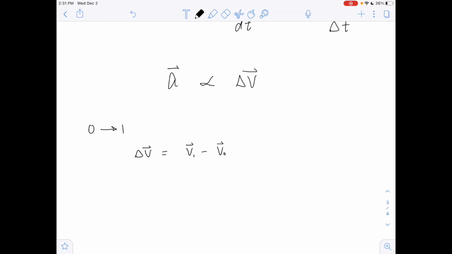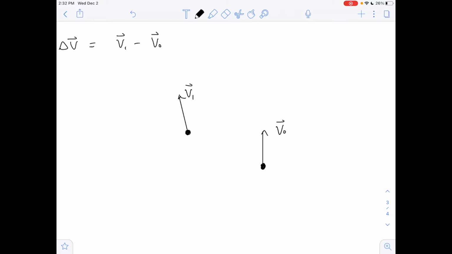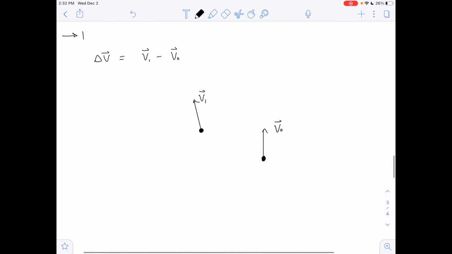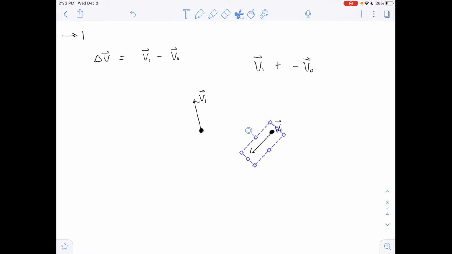And so let's go ahead and get those two vectors and subtract them. So here are the two vectors for velocity, and to subtract them, what we can do is take v1 and add it to the negative of v0. So what we're going to do is flip this vector here. So we will flip v0 so that it is facing the other direction.